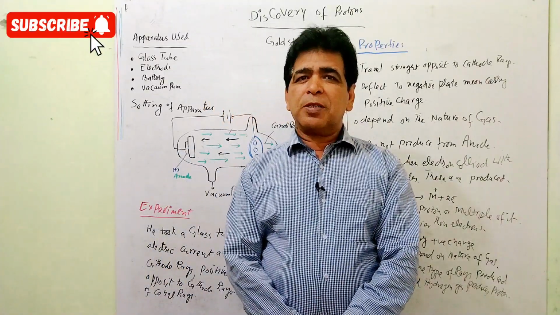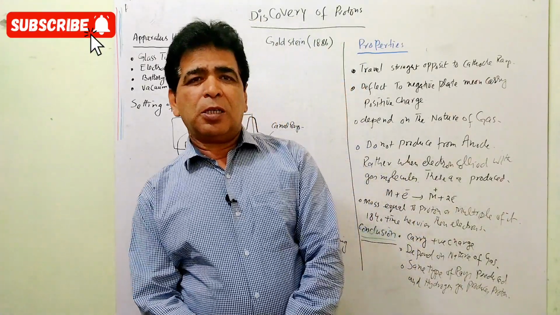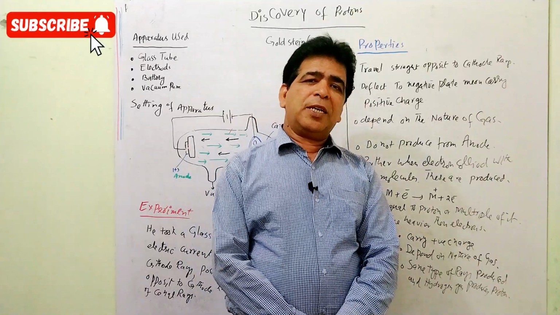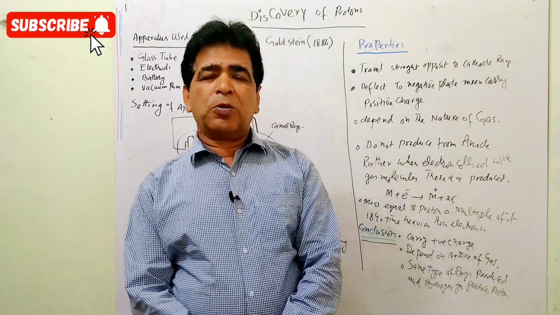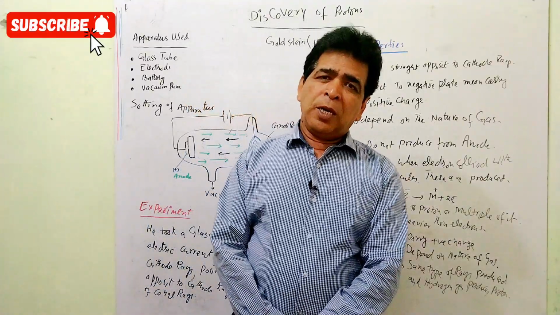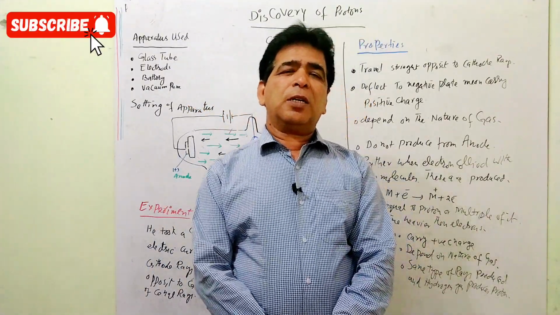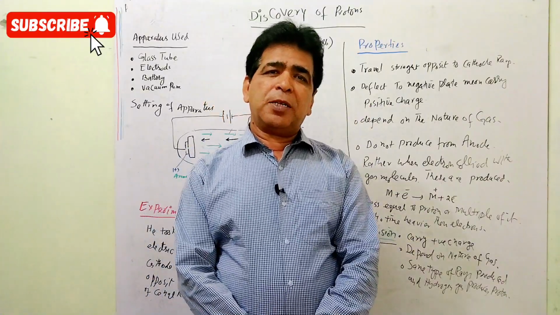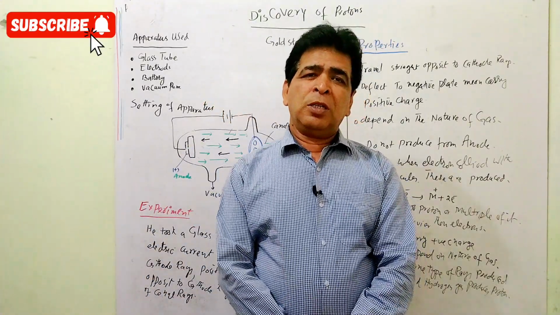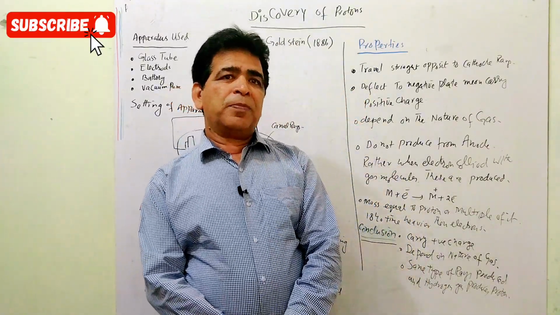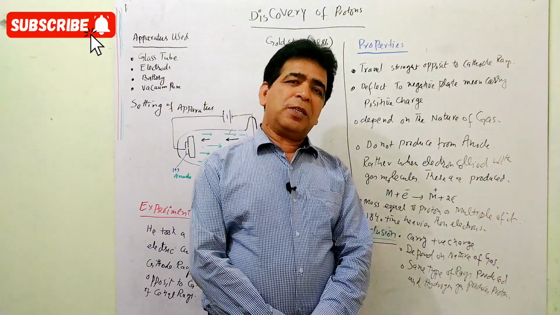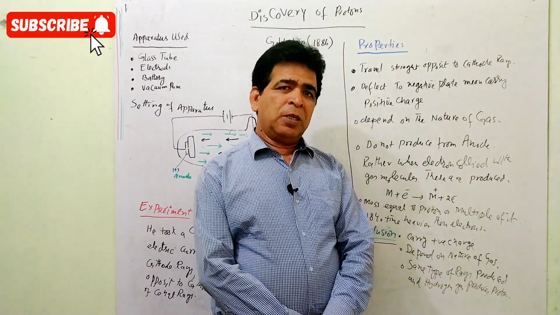Today we are going to discuss another topic about the structure of atom, and that topic is the discovery of protons. Dear students, in the previous lecture we discussed the discovery of electrons, and we observed how William Crookes concluded that the cathode rays were basically electrons.